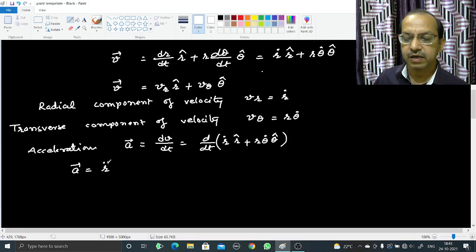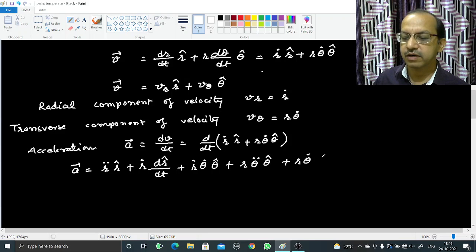It is r double dot r cap plus r dot dr cap over dt, plus r dot theta dot theta cap plus r theta double dot theta cap plus r theta dot d theta cap over dt.